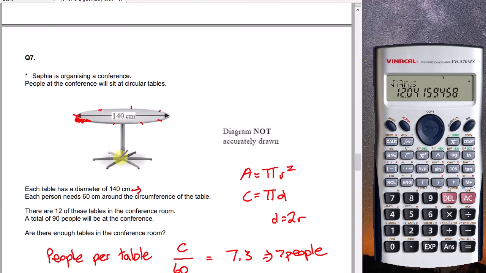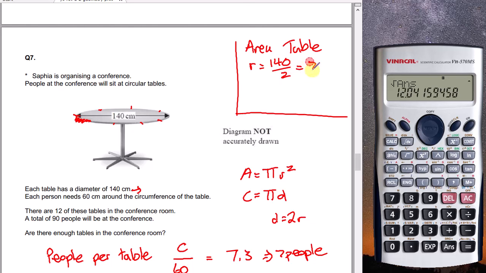If you're asked how big is the area at the top of this, you would have to do half of the 140 to turn it into 70. So the area of the table is going to be R, it's 140 over 2, which is 70.